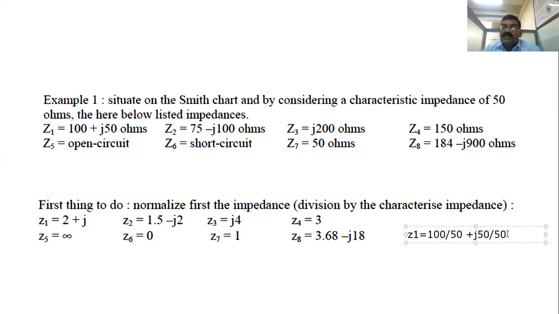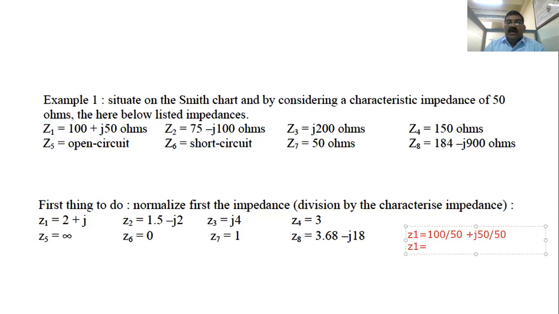So if I divide the impedance by the characteristic impedance Z0, here I used the capital Z1, and here I use the small z1.